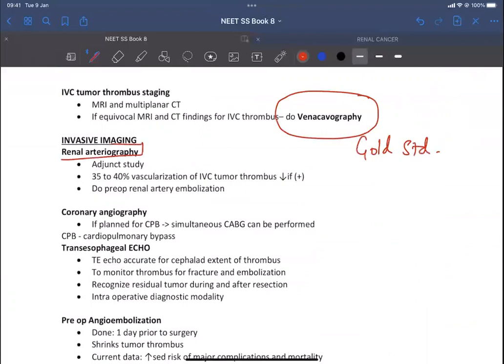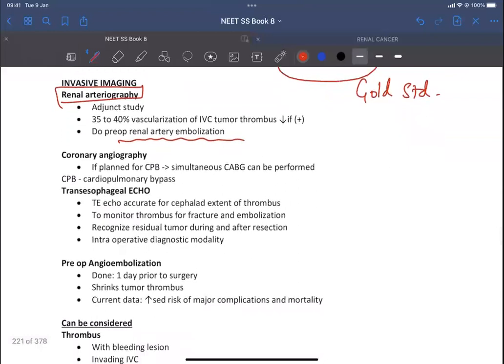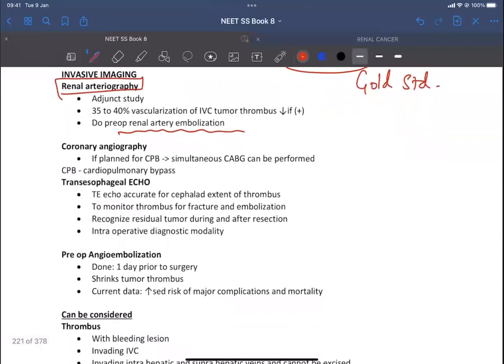As I said, renal arteriography or an arteriographic phase, we generally don't tend to do that routinely. We can do it in 25, 30 to 45%. If you're planning to do a preoperative renal artery embolization, which we generally do not do these days, then yes, we do plan to do that.